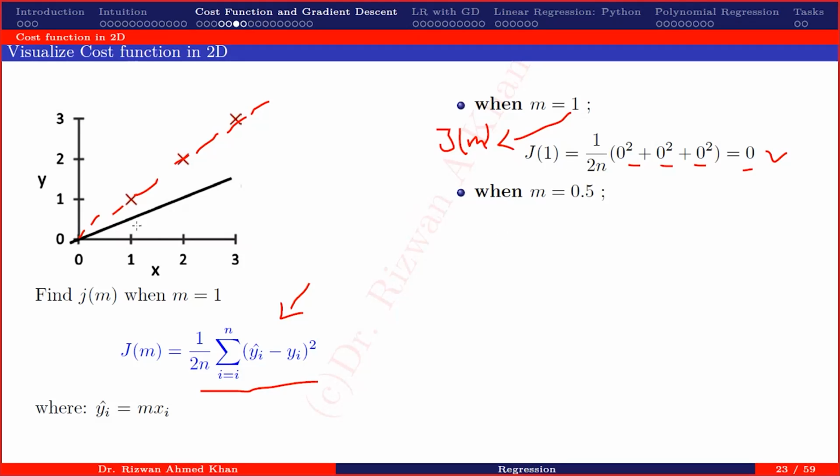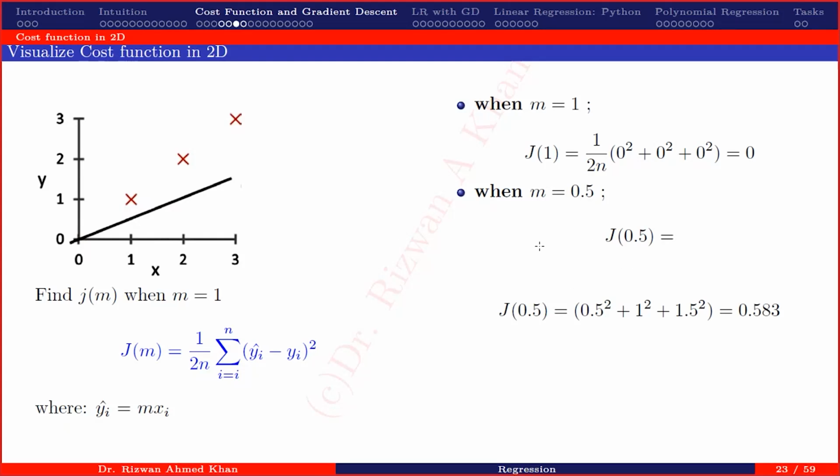Now this is the second line when m equal to 0.5. So when the slope is 0.5, it is different and we are inducing some error. So this is the data point. Let's say we are inducing this error over here, and we are inducing error over here as well. Right? So when m equal to 0.5, we can calculate loss like this.